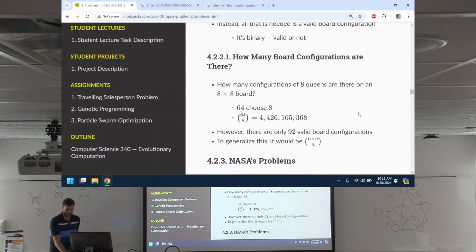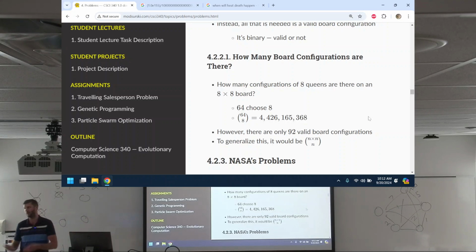So how many board configurations are there? How many configurations of 8 queens are there on an 8 by 8 board? If you remember your basic statistics, and if you don't, that's fine, it's 64 choose 8, which is 4,426,165,368. That's how many possible configurations there are.